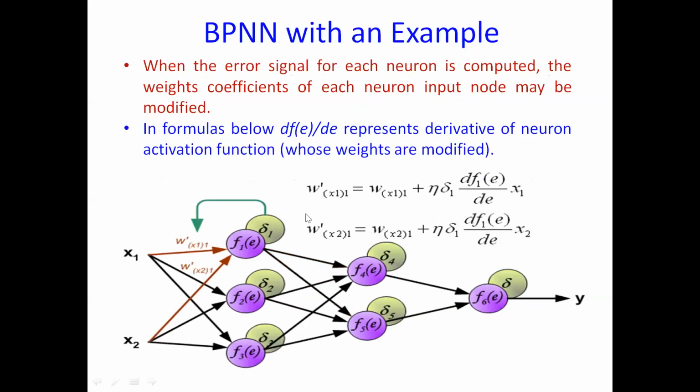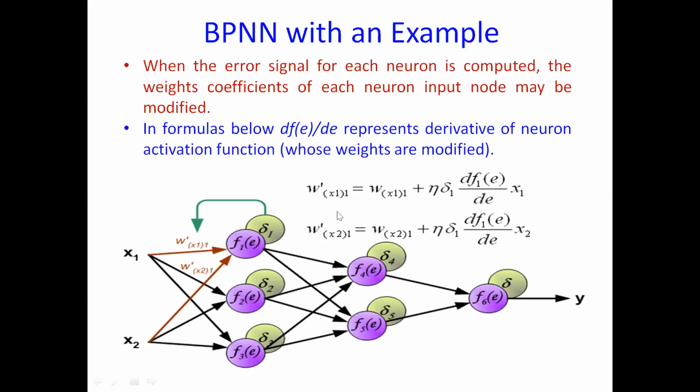We can have this del 1, this del 2, this del 3. This error is now going to play a very vital role whenever we update the weights. So when the error signal of each neuron is computed, automatically the weights are going to be modified.